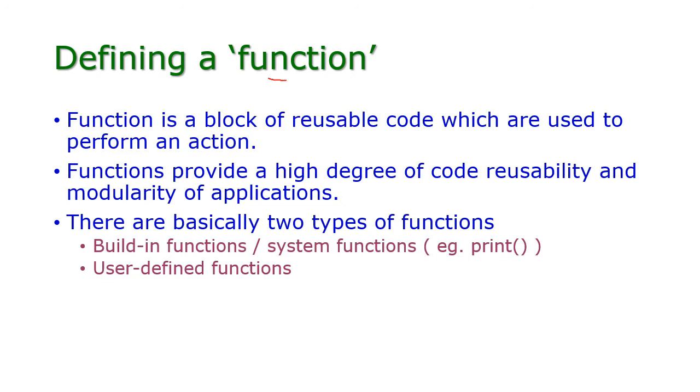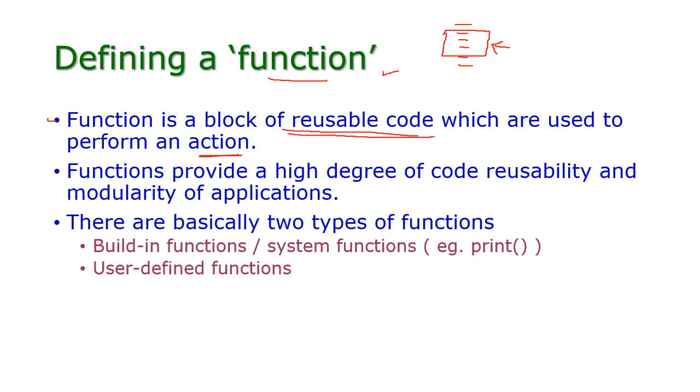First, let us see the definition of functions. A function is a block of reusable code, which is used to perform an action. So a program is there. Here a set of codes will be used repeatedly in a program, and this is called a block of code.